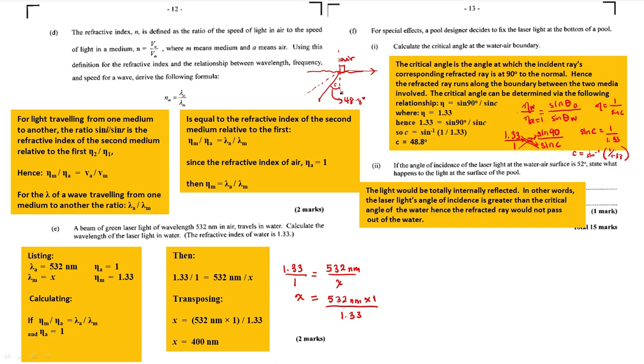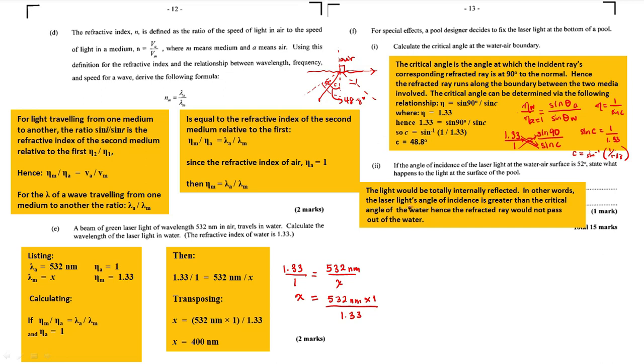Well, when you surpass the critical angle, as in now it's no longer 48.8 and you increase it to 52, guess what? This light will no longer run along the boundary, it would be totally internally reflected. So now you would have a special type of reflection where the light no longer leaves the boundary, it gets trapped in the water.